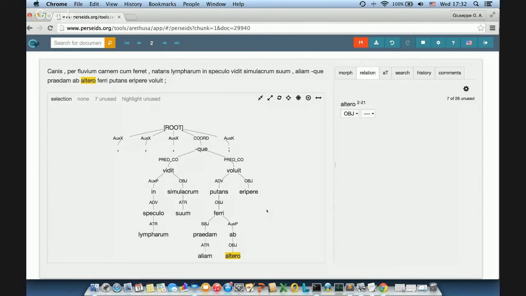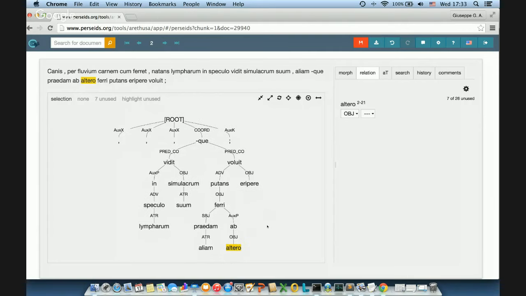But what is important to state here is that we basically use the label object to mean argument. We use this label if we encounter a constituent which is taken to be required by a specific verb.